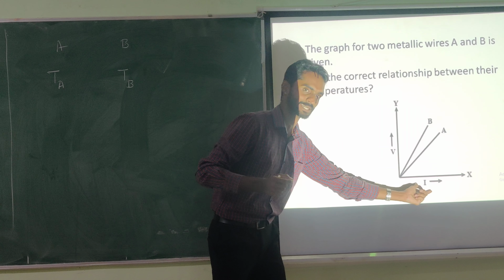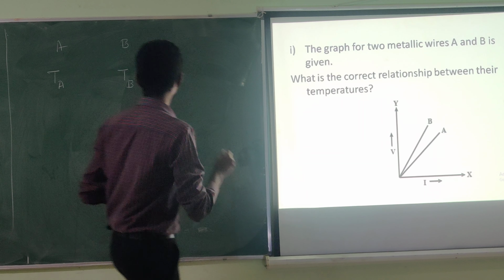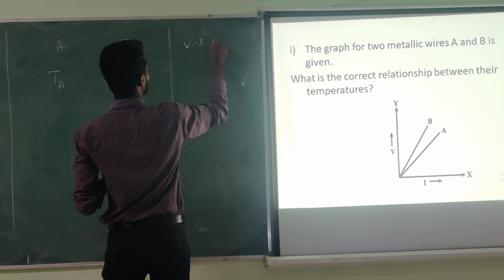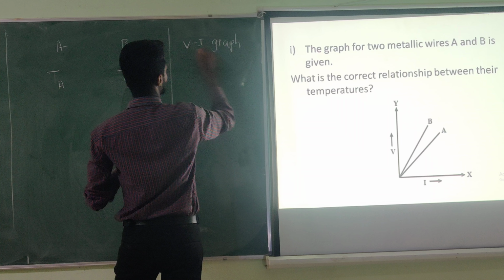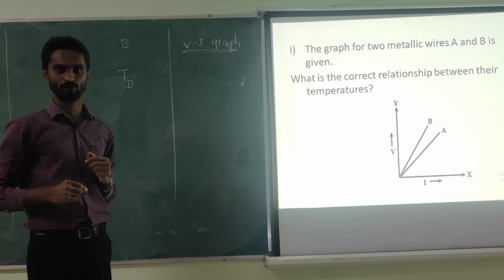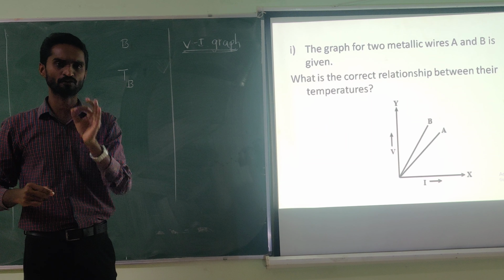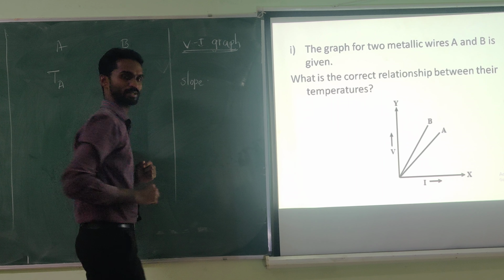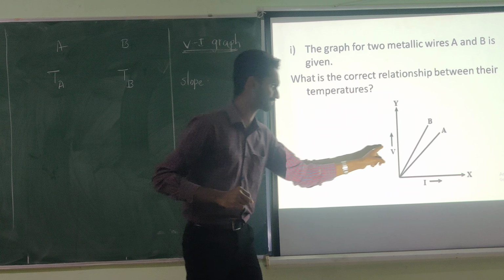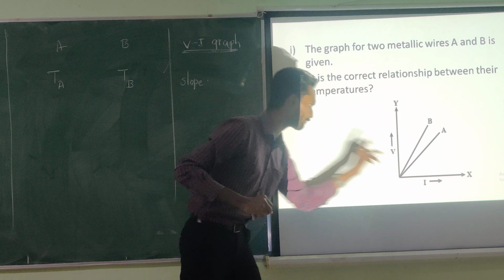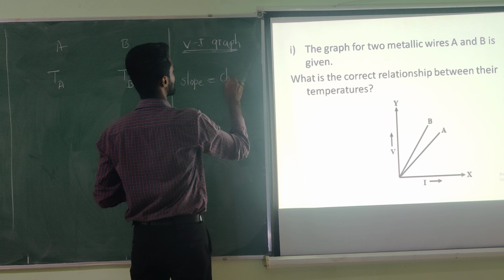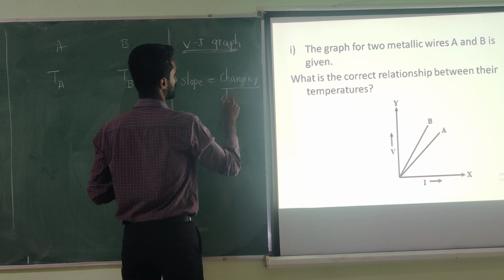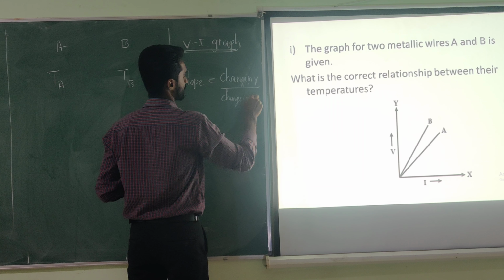Now, the VI graph. The main thing you should know is what happens when you find the slope of a VI graph. Slope means change in y-axis divided by change in x-axis.